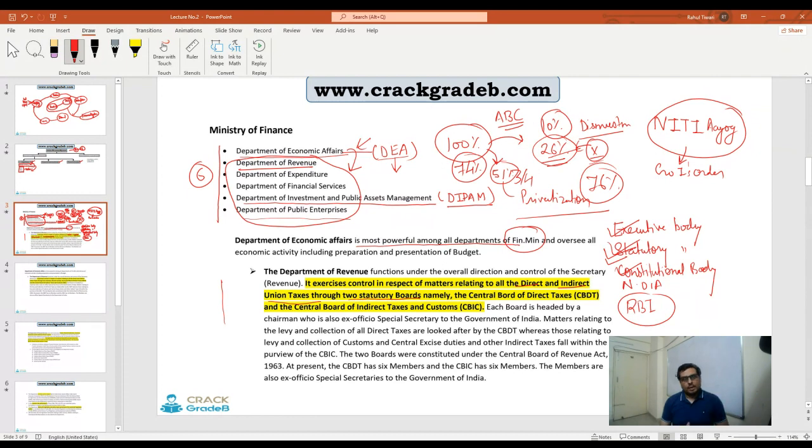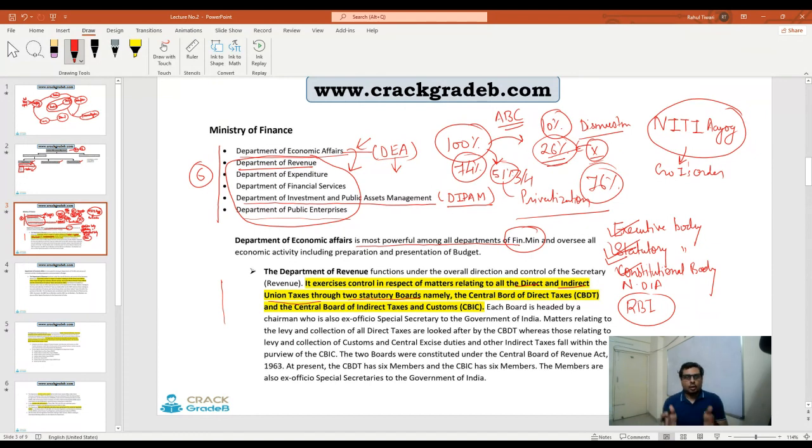The government didn't go to the parliament, present the bill, pass the bill, and then form Niti Aayog. No, it was formed with an executive order.